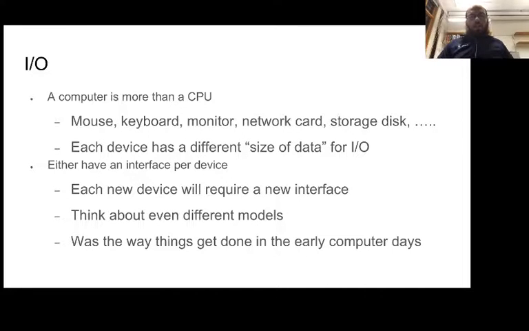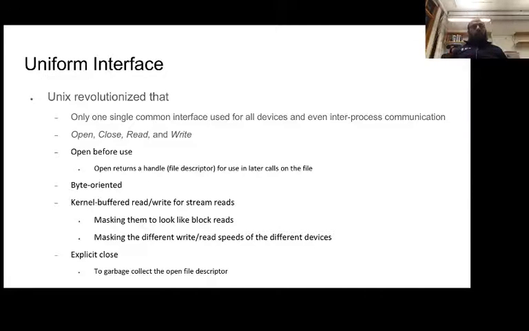So the way that Linux revolutionized all of this input output is this: in essence, sending data to your monitor is output, and reading data from your keyboard or your mouse is input.